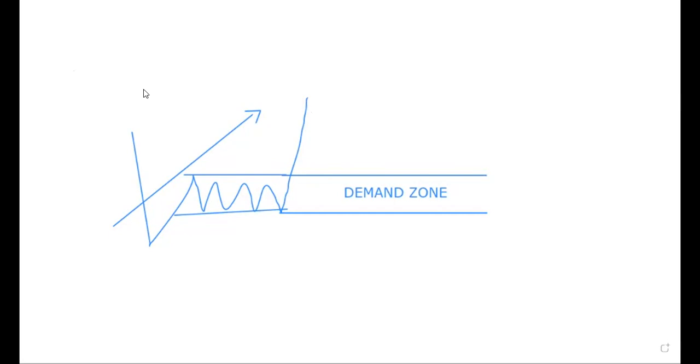So what are we expecting from this kind of movement? We're expecting price to come back to this demand zone, to touch it and then go up. This is what we expect from the market.